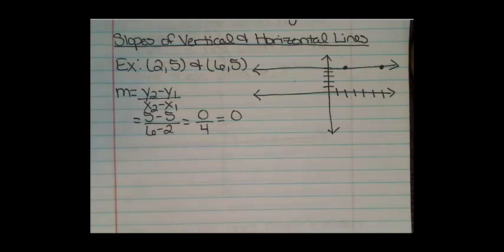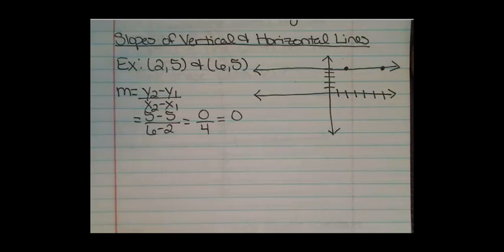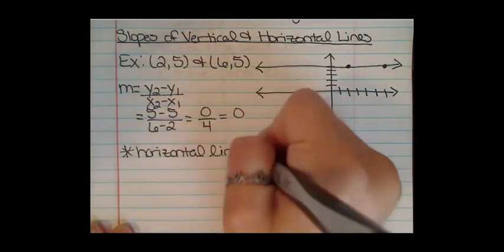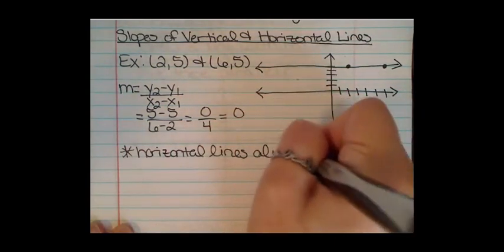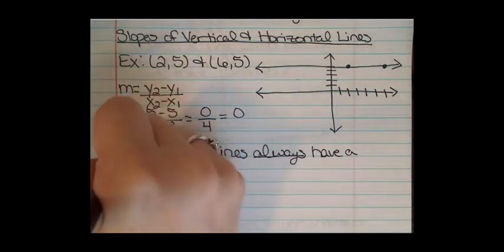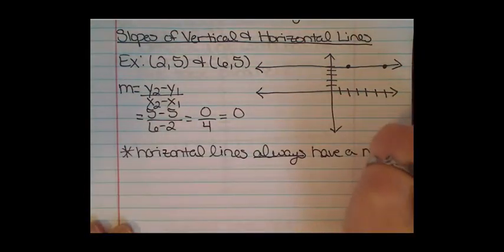You don't have any type of a slope here. You don't have a ramp in this case, you just have a flat floor. And that is always the case. Horizontal lines always have a slope equal to 0. Always, always, always.